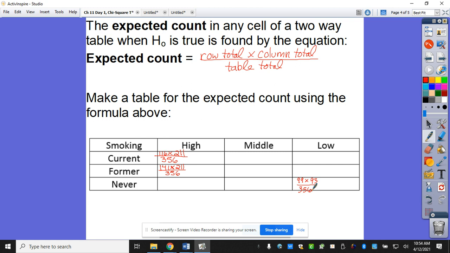You guys do low, former, and current. You guys do high and middle never. And you guys do middle and low never. And then we'll have covered everything. And you're just multiplying.